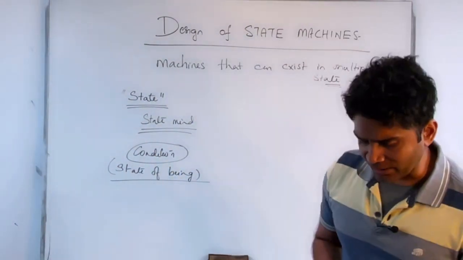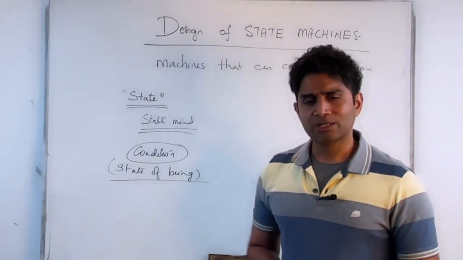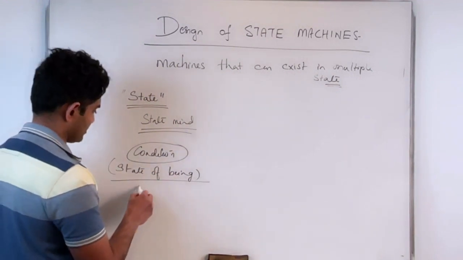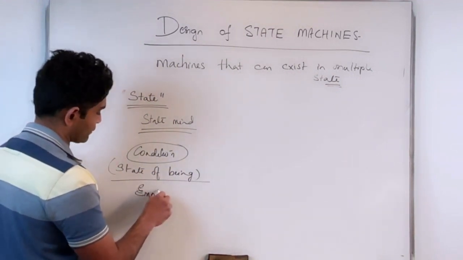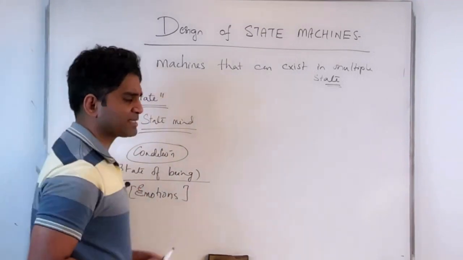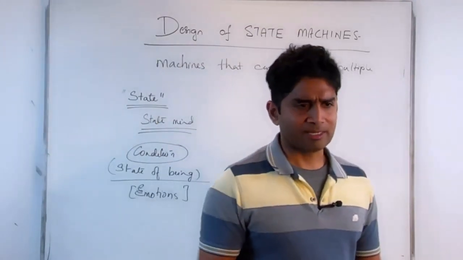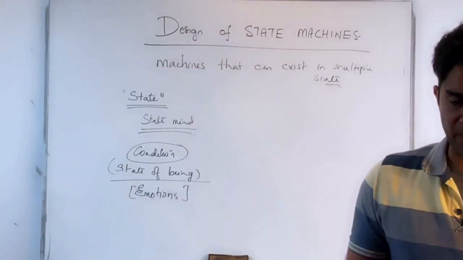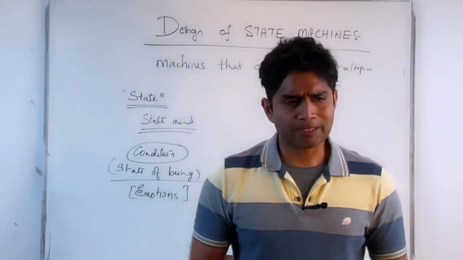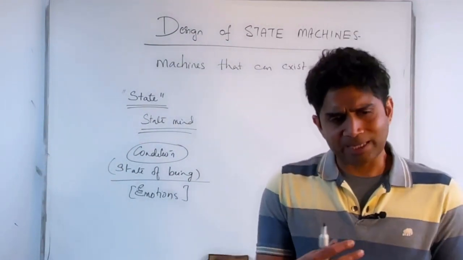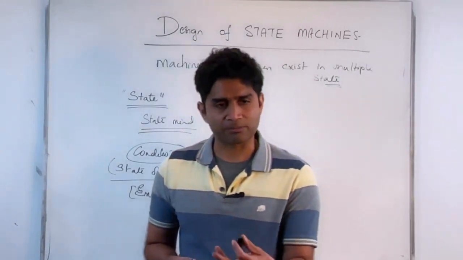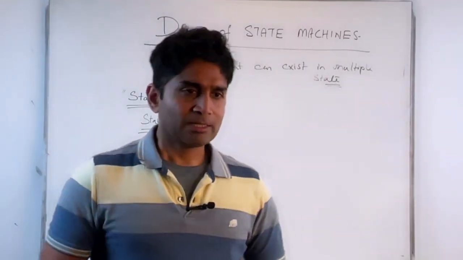So with that, let's look at state as being an emotional state. When we refer to human beings, we think about emotions. We think about the state as a state of being, as an emotional state that I'm in at a particular time, okay? And so let's think about states in that particular manner, all right?